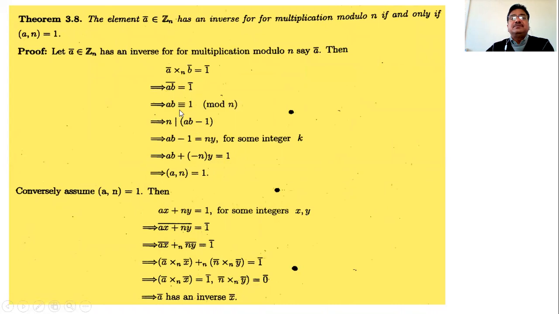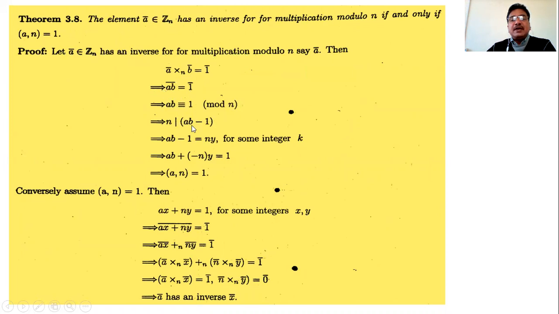This theorem is the same theorem that a bar inverse exists. In the first part, we assume that a bar inverse exists, and suppose b bar is its inverse, then a bar into b bar is 1 bar, and so ab bar is equal to 1 bar. Then these residue classes are the same, meaning these two elements are related.